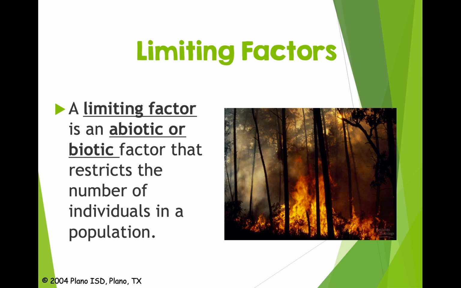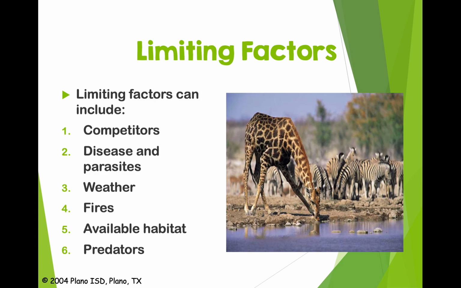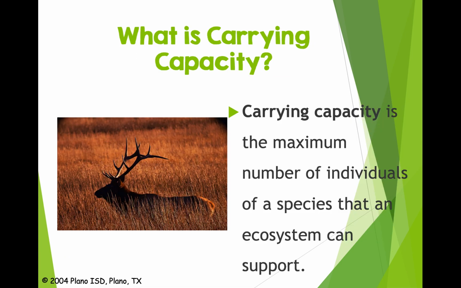Okay, and so these things can vary in terms of what they are. And so here's a list of some of the limiting factors that can be included. So things like competitors, disease and parasites, weather, fires, available habitat, and predators. All of these things kind of encompass limiting factors in an ecosystem.